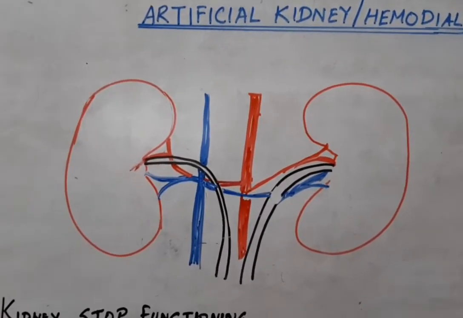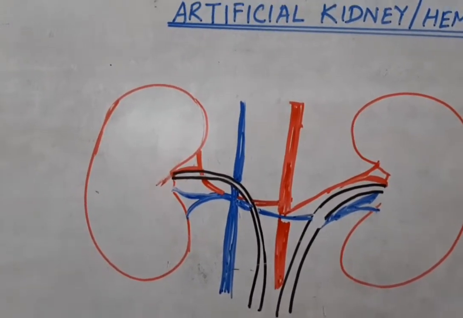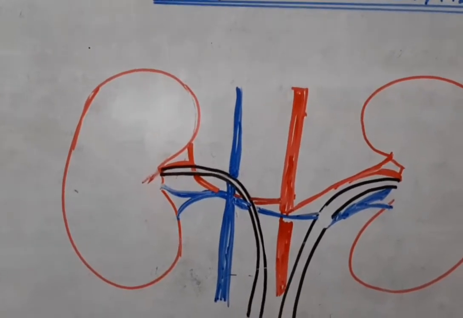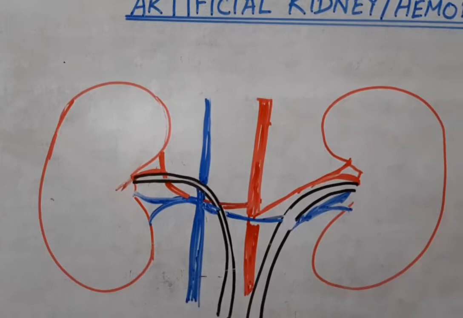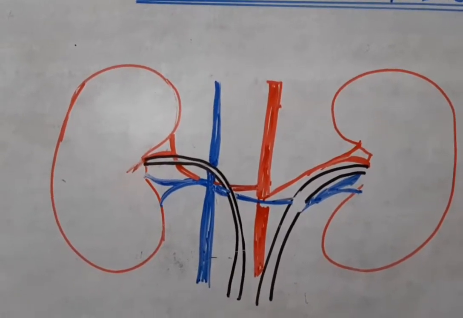Now, as all of us know, kidneys are vital organs that eliminate waste products from our body, generally nitrogenous waste. It also helps in osmoregulation.